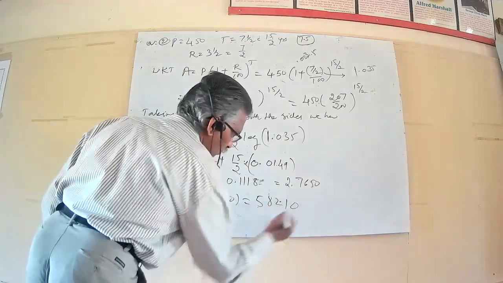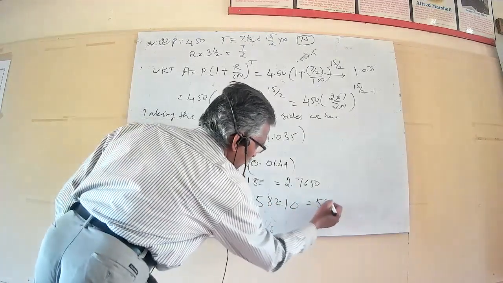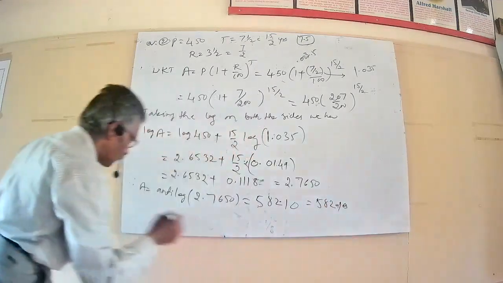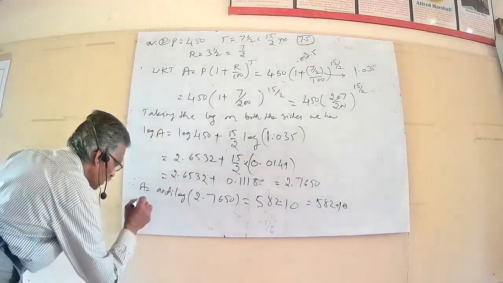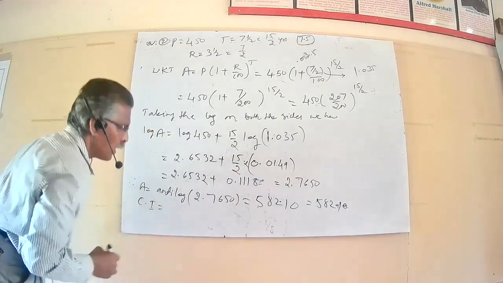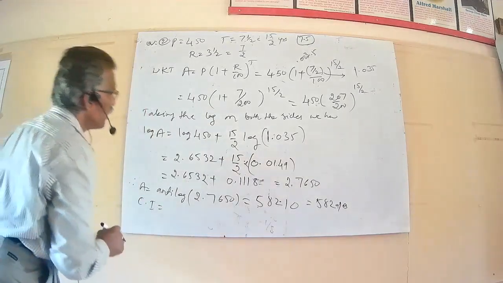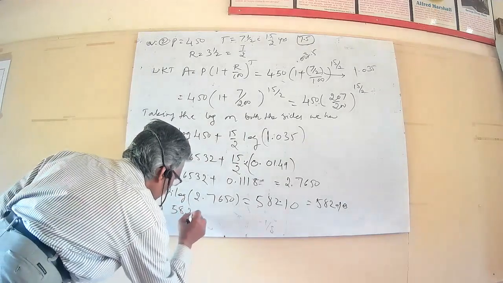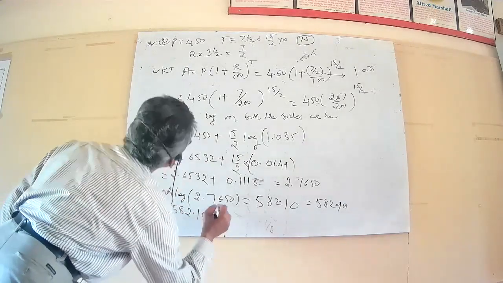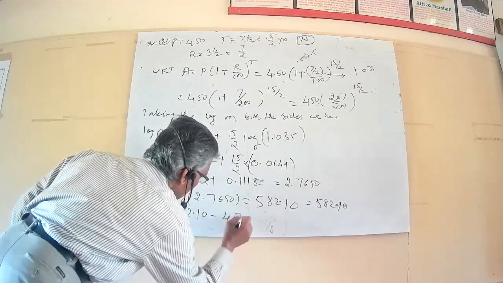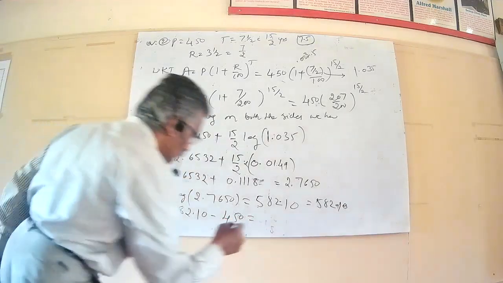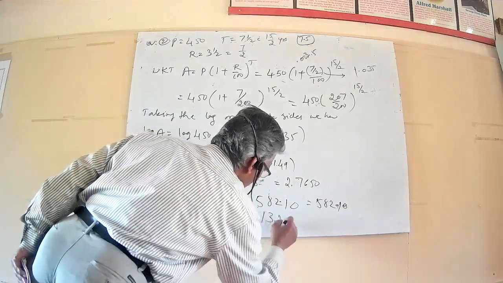So this equals 582.1. Therefore compound interest equals A minus P. A is 582.10 minus 450, which gives the answer 132.10.